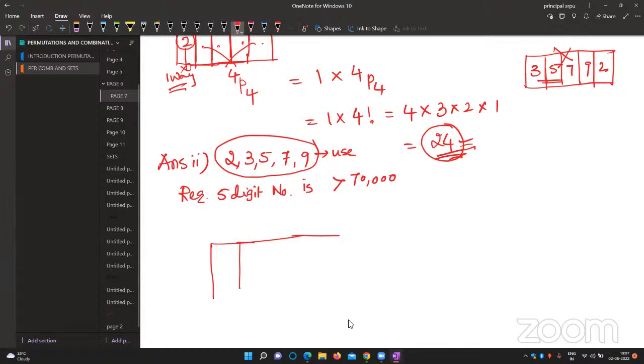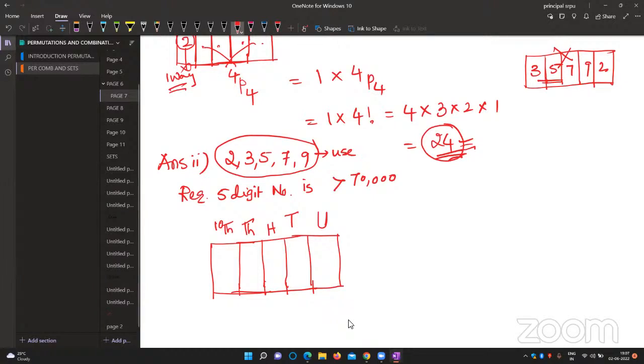A 5-digit number with places 1, 2, 3, 4, 5. First we can go for the unit digit, the last digit, then tenth place, hundredth place, thousandth place, and ten-thousandth place.